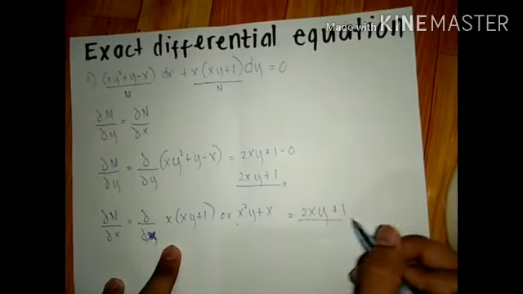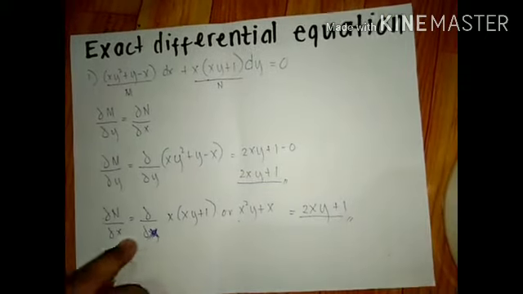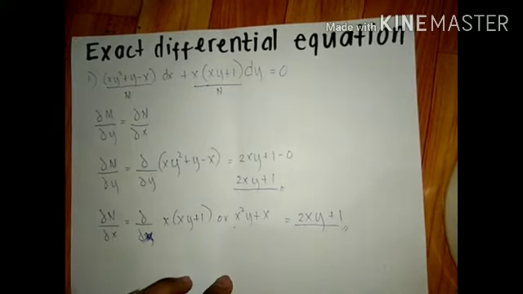So that is our partial derivative, partial N with respect to x.